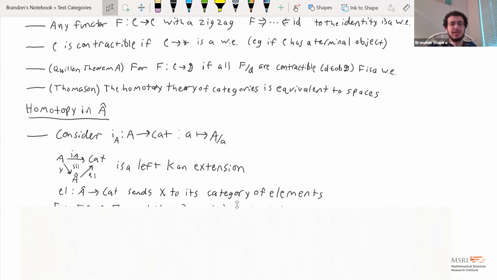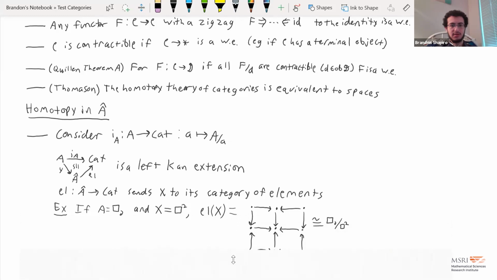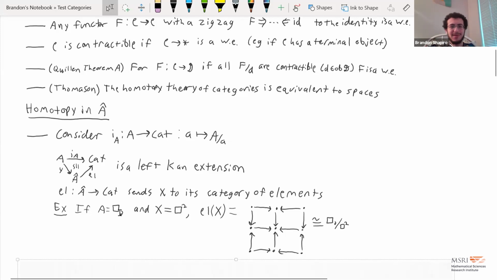And what we're going to be interested in is, can we use that to define a homotopy theory on A hat? And just to give a quick example, if A is the semicube category, I think this is the only time I'll use it here, so you need not worry.